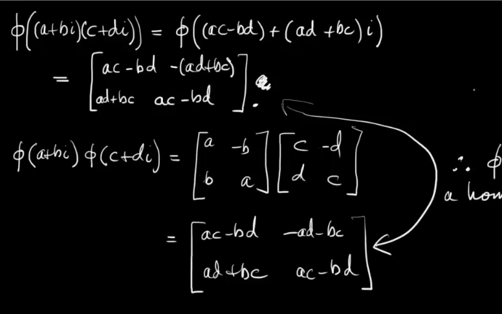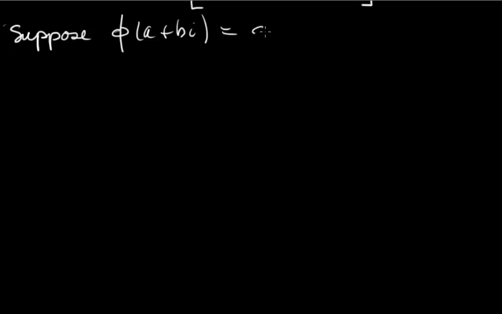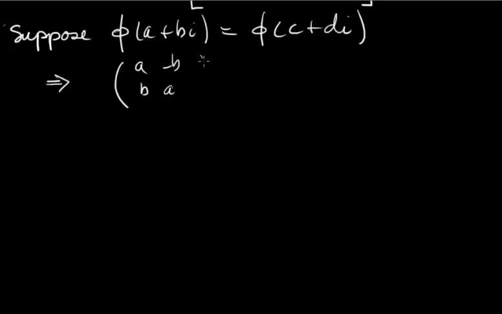We need to show that it is one-to-one and onto. So we'll show it's one-to-one first. Suppose phi of a plus bi is equal to phi of c plus di. Well, that implies that the matrix a, minus b, b, a is equal to the matrix c, minus d, d, c.